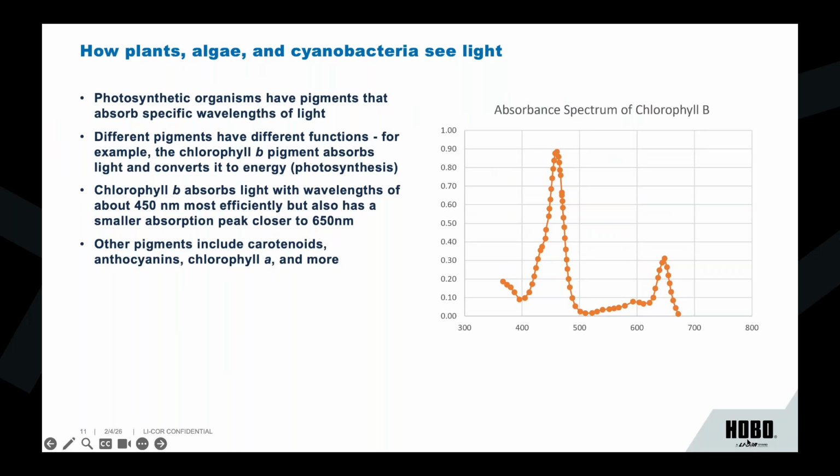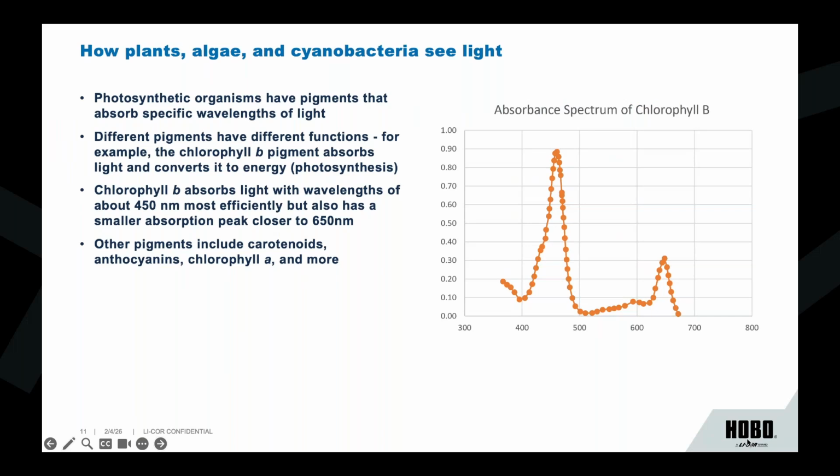And different pigments have different functions. So chlorophyll A, chlorophyll B, they absorb light and convert it to energy in the form of photosynthesis. Other pigments are things like carotenoids, the thing that makes carrots yellow, anthocyanins, the thing that makes blueberries blue.